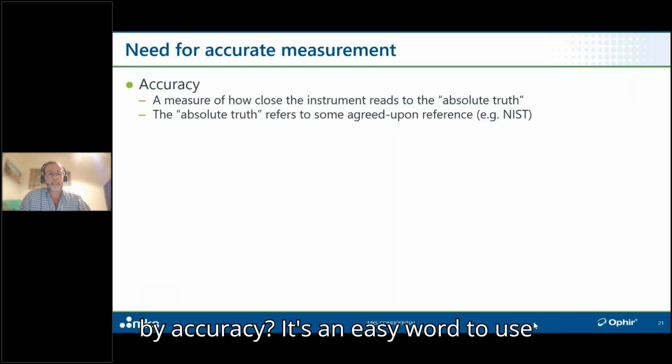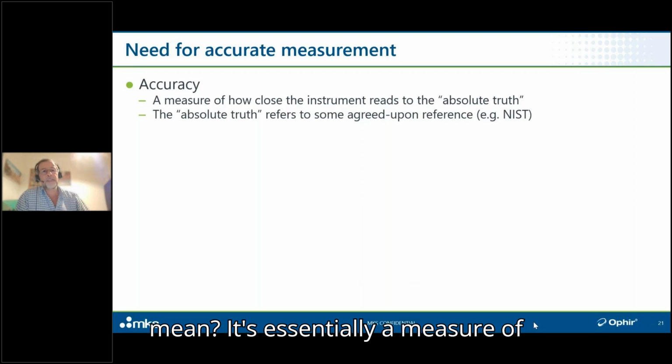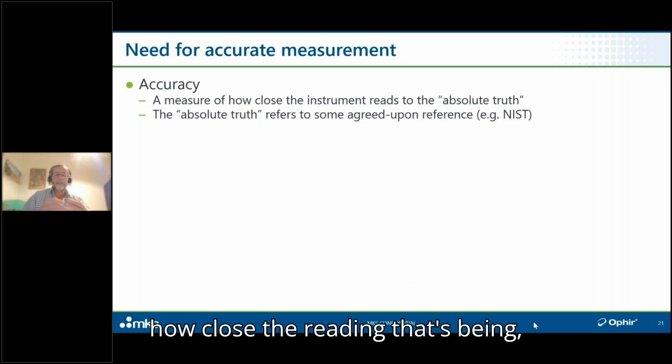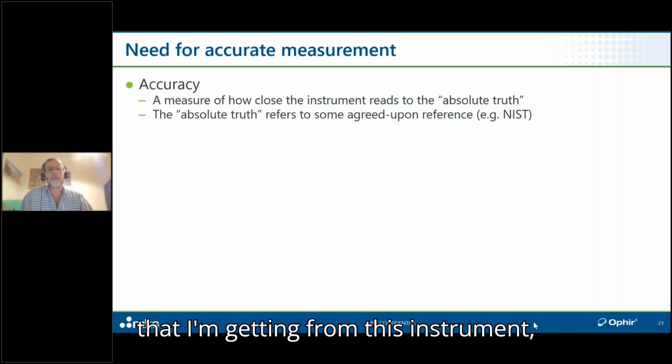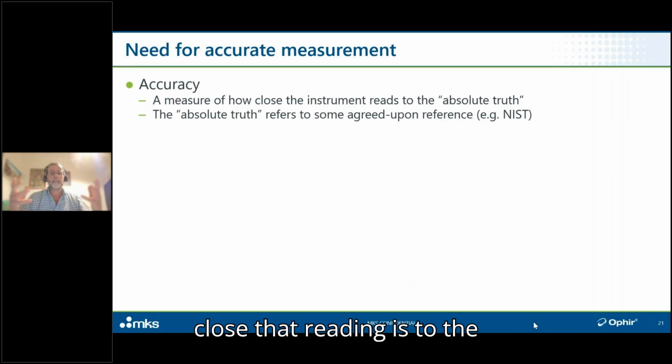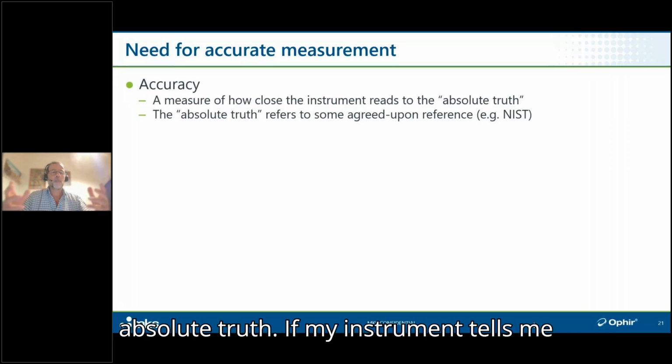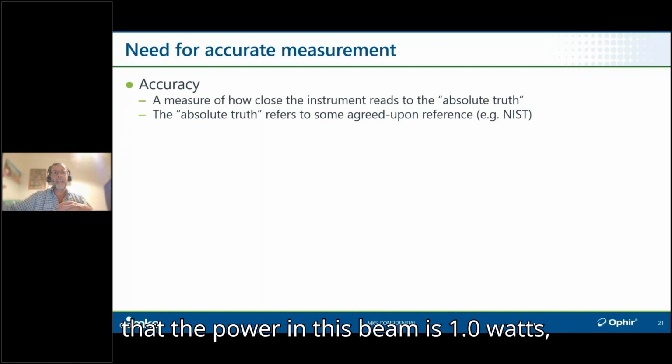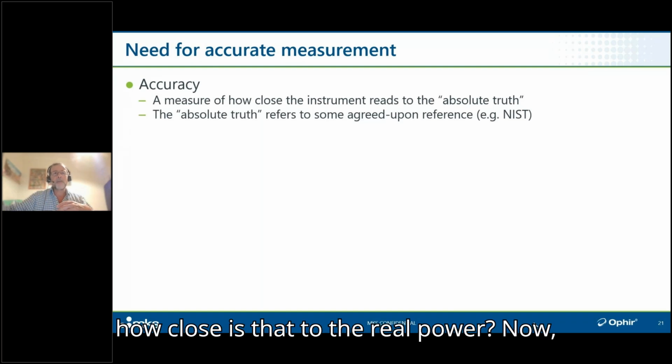If my instrument tells me that the power in this beam is 1.0 watts, how close is that to the real power? Now, I don't know about you, but I don't have too much access to absolute truth. So what we all mean in the industry is how close it is to some kind of a reference standard that we're all going to agree on.